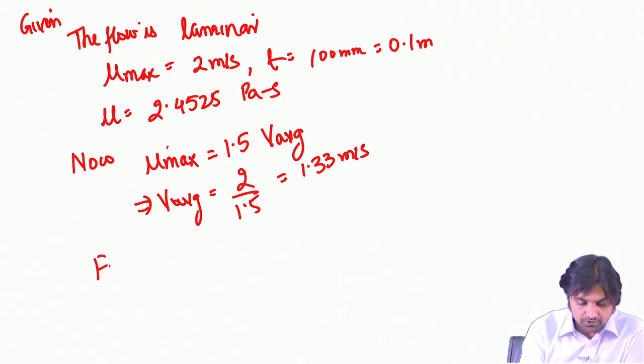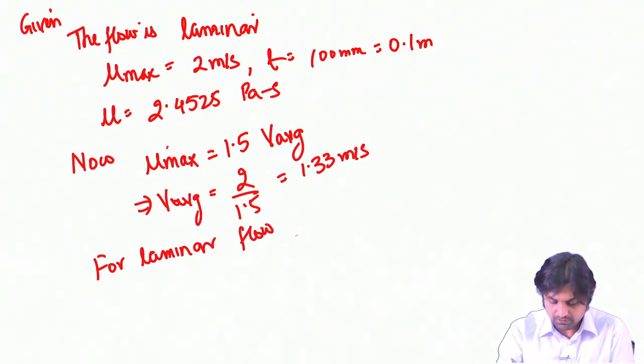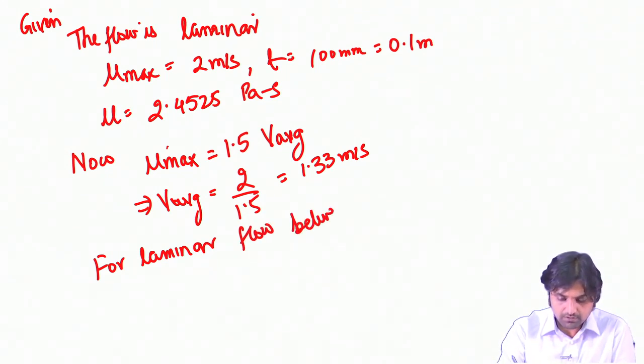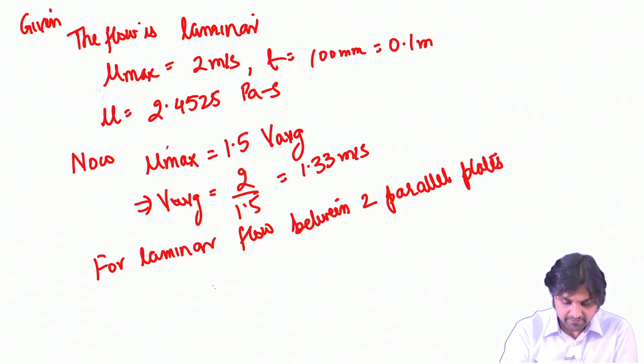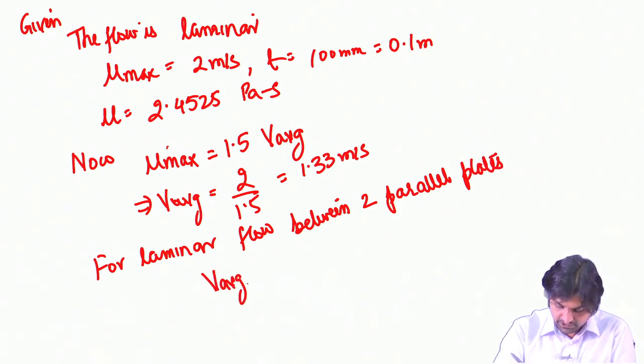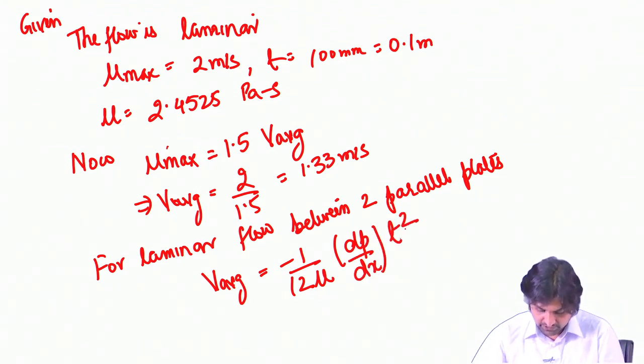So, for laminar flow between two parallel plates, V average is equal to minus 1 by 12 mu dp dx into t square.